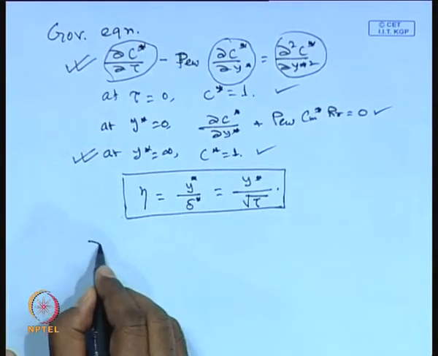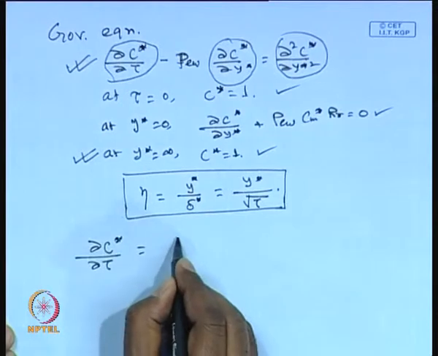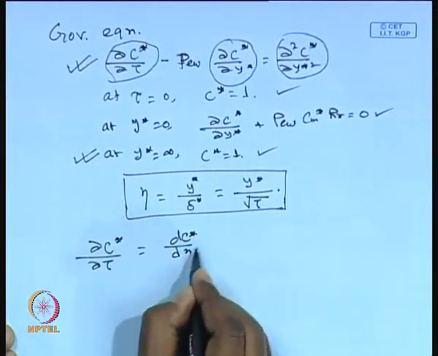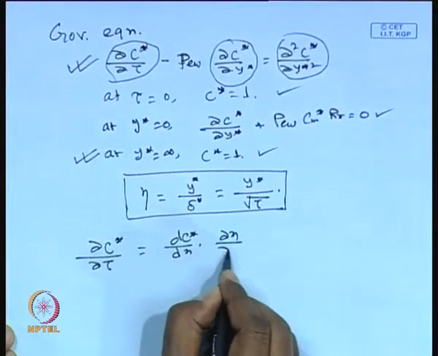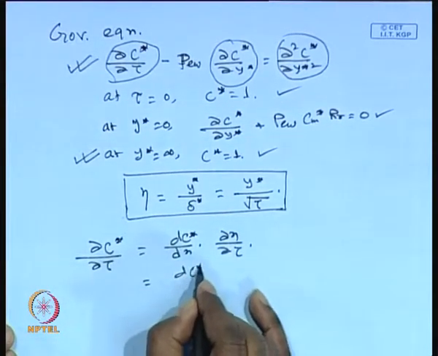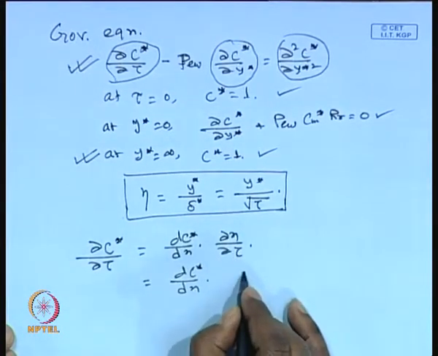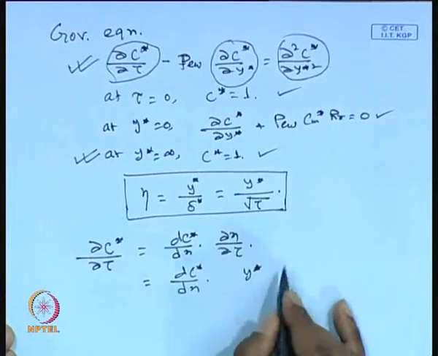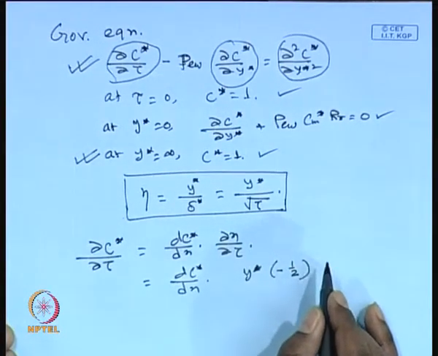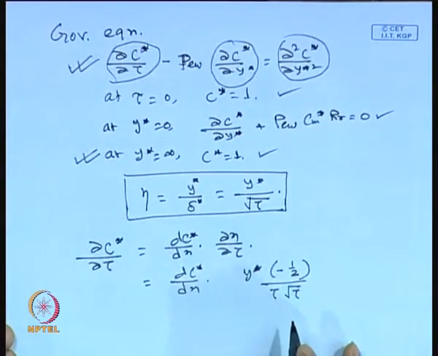So, let us look into this derivative. del C star del tau will be nothing but d C star d eta times del eta del tau. So, this becomes d C star d eta, and in del eta del tau, y star remains as it is, tau to the power minus half, right. So, it will be minus half tau to the power minus 3 by 2. So, it will be nothing but tau root over tau.